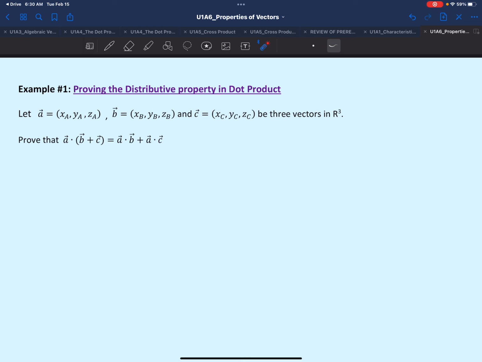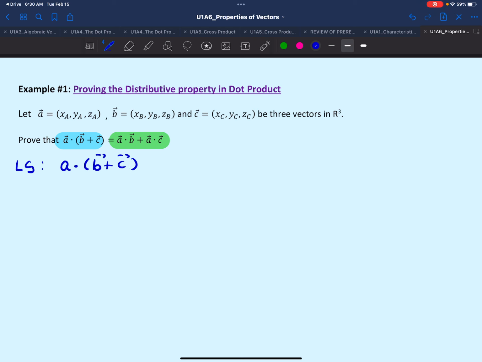In the first example, we have to prove the distributive property in dot product. So for this, we are looking at vectors A, B, and C with the coordinates as indicated. And we have to prove that A dot (B plus C) equals A dot B plus A dot C. So we're going to start with the left side, which is A dot (B plus C).